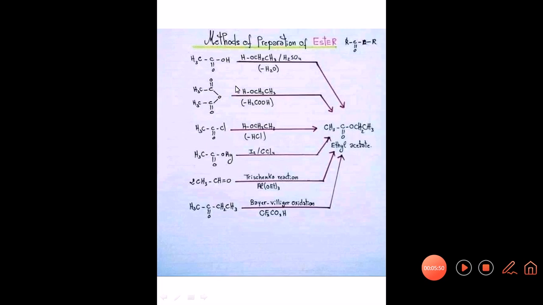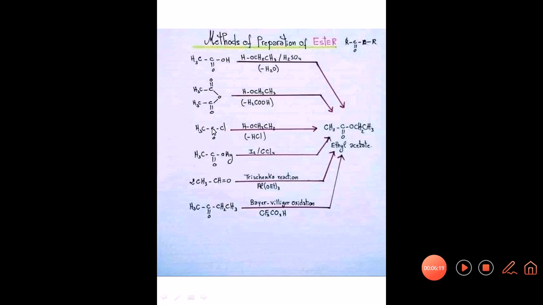Similarly, we have an anhydride and you subject it to an alcohol. There is a release of a carboxylic acid and an ester is produced at the end. This reaction releases a carboxylic acid by mechanism and gives off an ester.